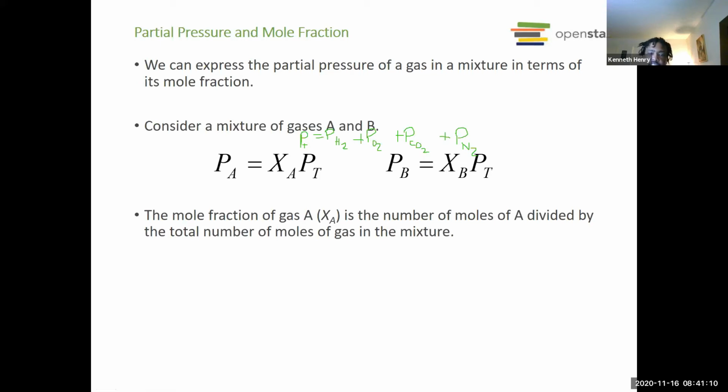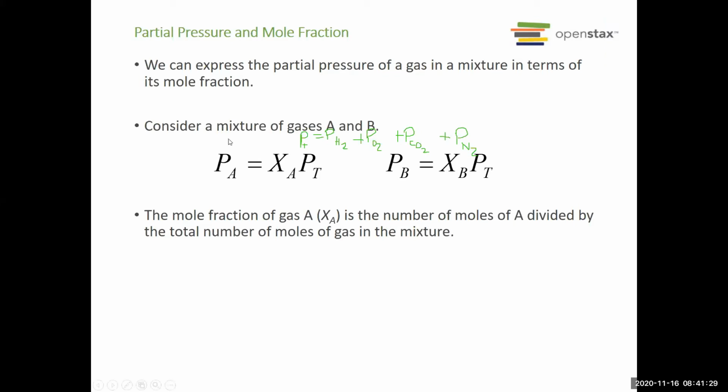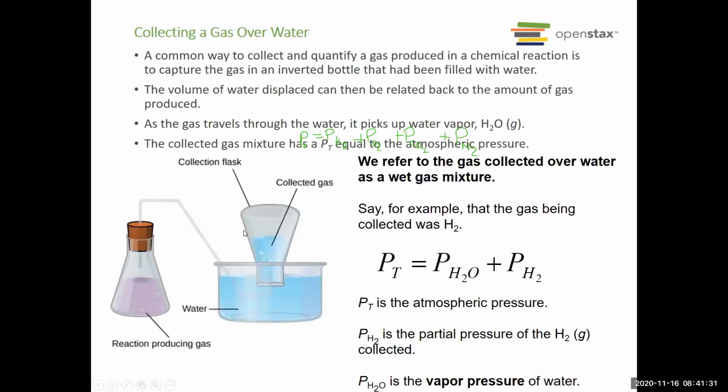Okay, and that's just saying part over the whole, right? And we can make that into a percentage if we want to by multiplying it by 100, or we could just leave it as a mole fraction. Still with me? Yes. Good. Okay.